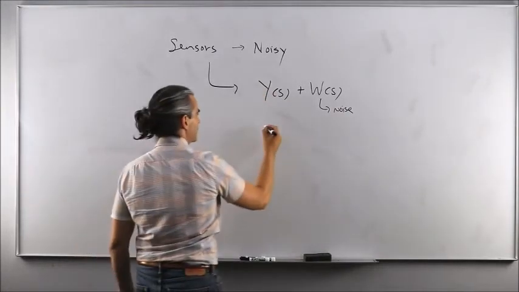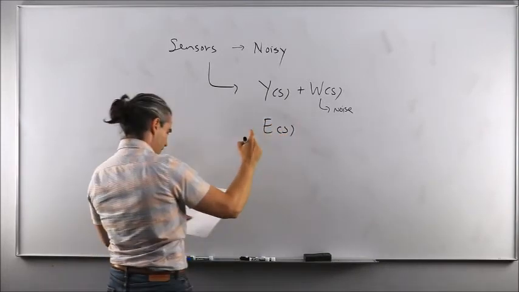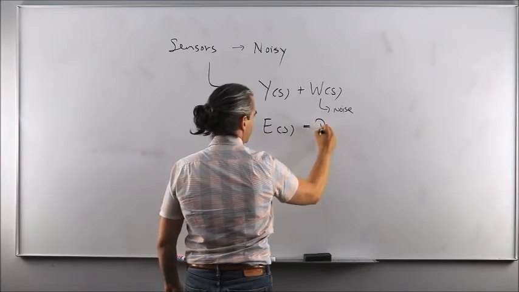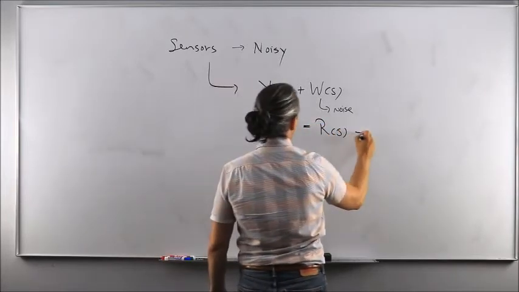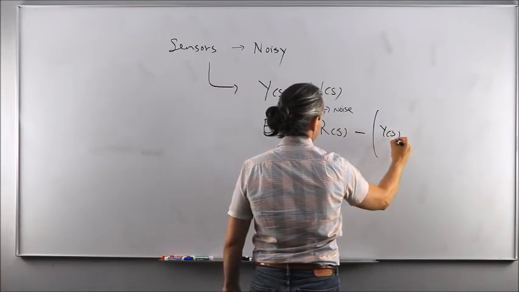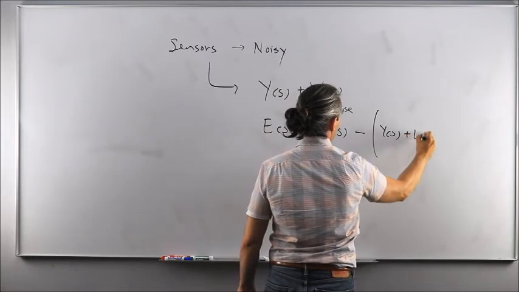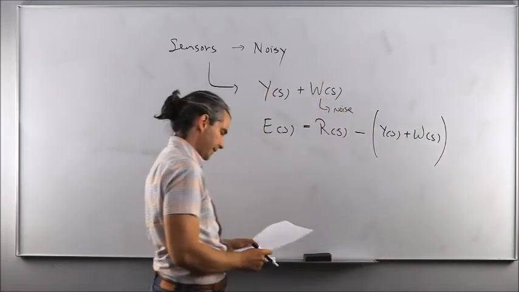So again, all this to say that the controller will be provided with an error signal that will be the user command minus the realistic output, but corrupted through sensor noise, like this.